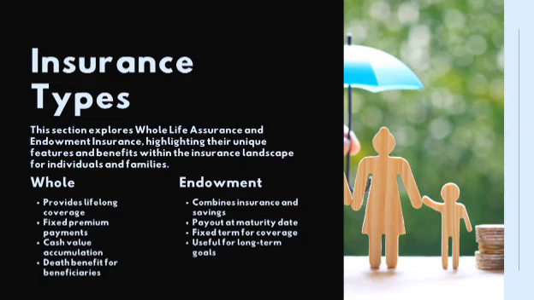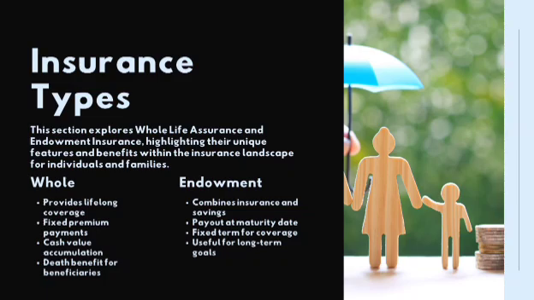If Miss Okafor gets to age 60 and she does not die, she herself will be the one to receive the 5 million naira assurance money. That is the endowment insurance. But if she dies before she gets to the age of 60 years, that means her family will be the one to receive the money.